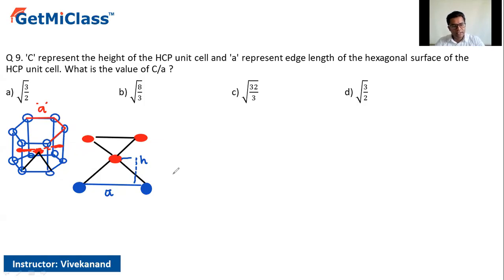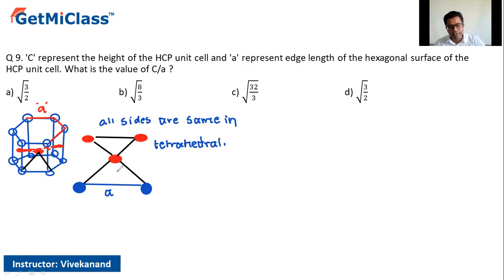Now, in this entire scenario, all sides are the same in the tetrahedral. Therefore, this one will represent A, and this is going to represent H over here. So we have a relation: A square is equal to H square plus X square.